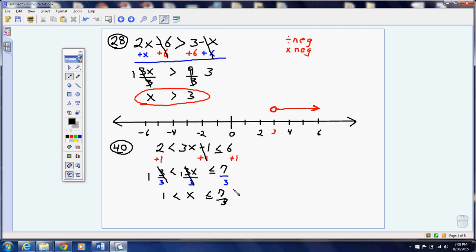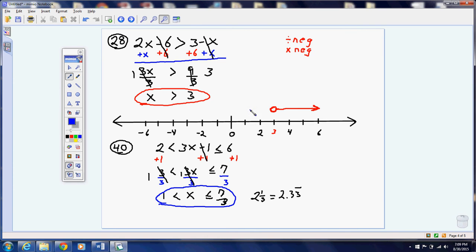We can put that into a mixed fraction. 3 times 2 is 6, and then we just have 1/3 left over, so we could also call that 2 1/3. Or if we plug it into our calculator, 7 divided by 3 is 2.33 repeating. I'm going to graph this one in blue.